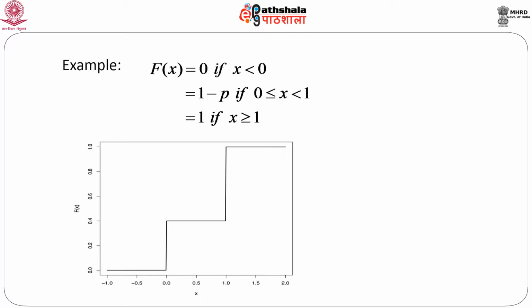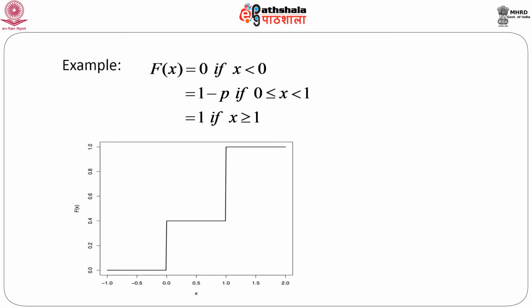So it goes up to 0.4, and as long as x is less than 1 it remains stable at 0.4, that is 1 minus p, and as soon as x takes the value 1, there is another jump to 1, and it continues forever as long as x is greater than or equal to 1.